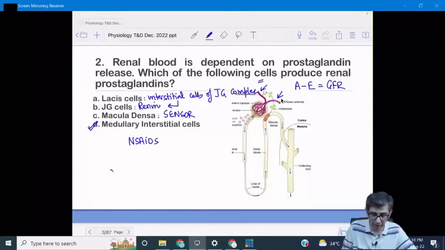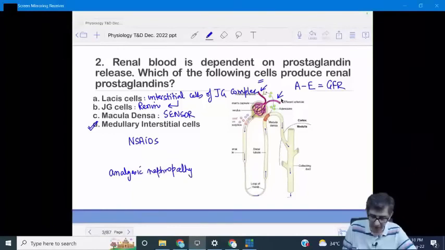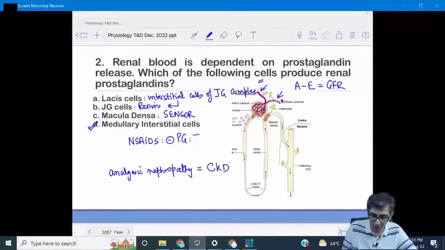You read about analgesic nephropathy. The clinical correlate is abuse of painkillers on a long-term basis. People who indiscriminately take painkillers can develop analgesic nephropathy. Analgesic nephropathy causes chronic kidney disease. But NSAIDs, because they inhibit prostaglandin production, can also trigger acute kidney injury.